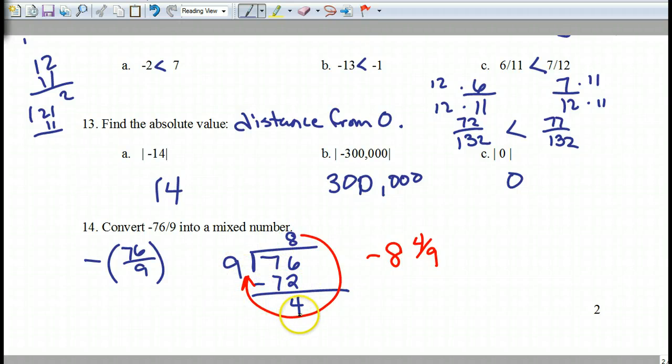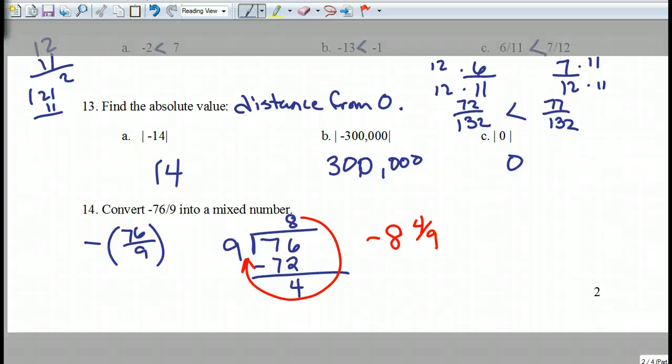Subtract it, you got 4 left over. So you have 8 and 4/9, and reapply the negative. Any questions? All right.